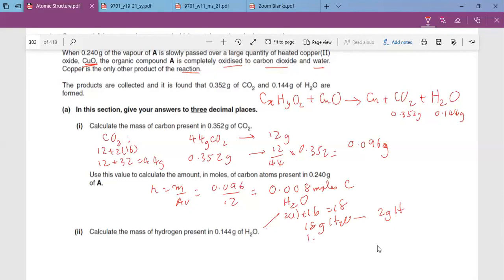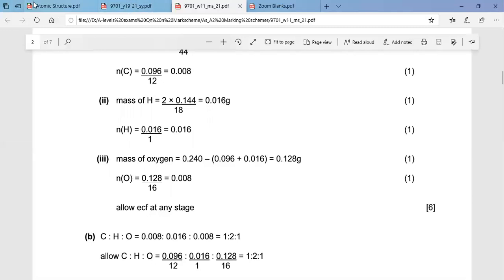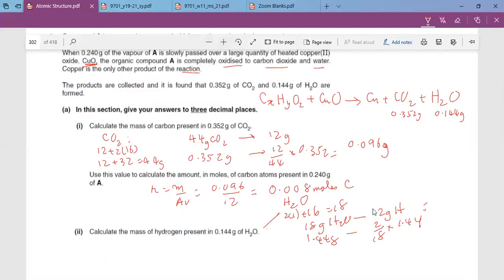So 0.144 grams contain 2 over 18 times 0.144. You can see the answer here. It is 0.016.